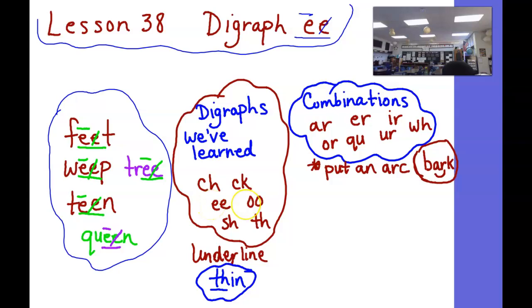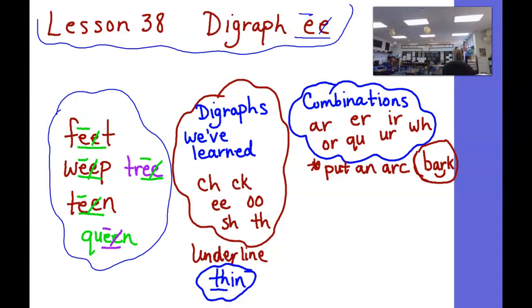We have double O, like foot or cool. Two different sounds there. We have SH, like wash. TH, like thin. And I gave you an example under the bubble of how to code them. So we're going to underline digraphs, and I showed you how to do that with thin.